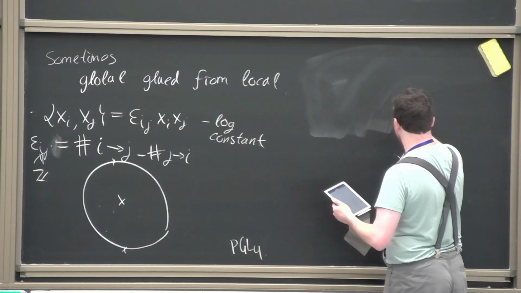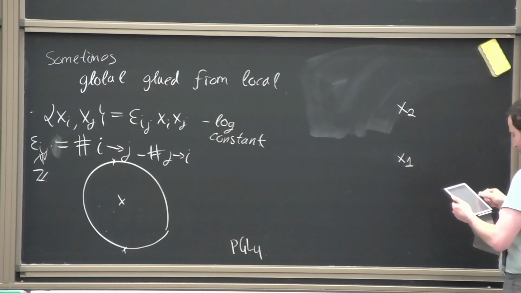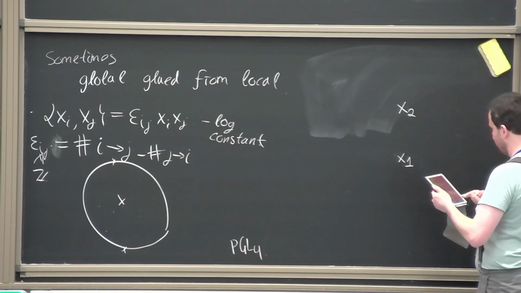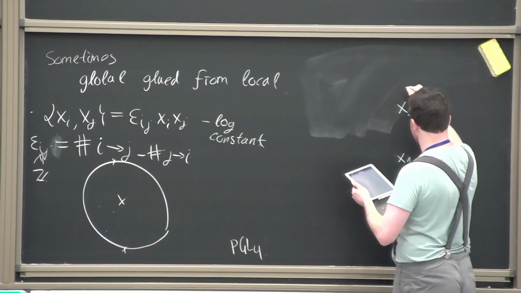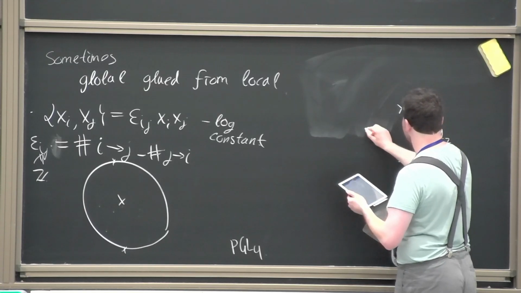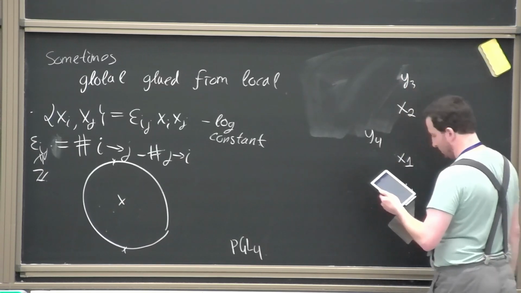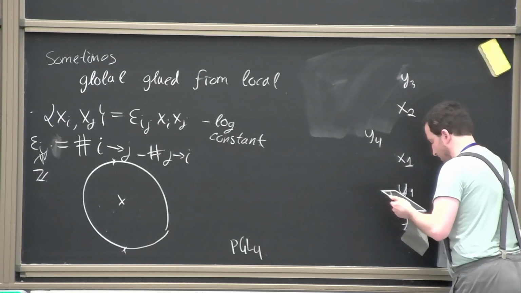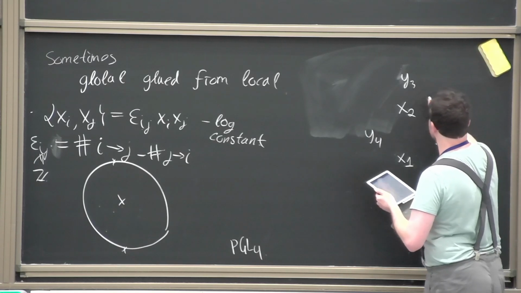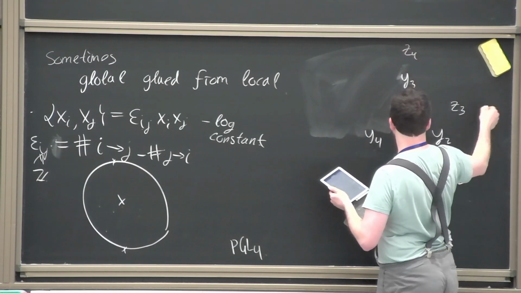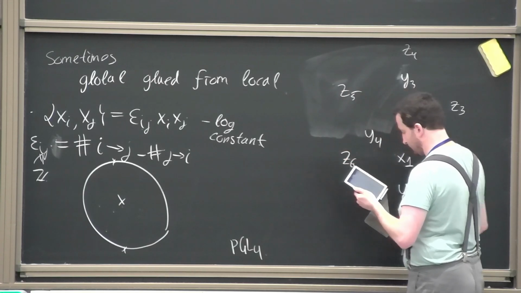So x1, x2. Now we have here y1, y2, y3, y4. Now z1, z2, z3, z4, z5, z6.